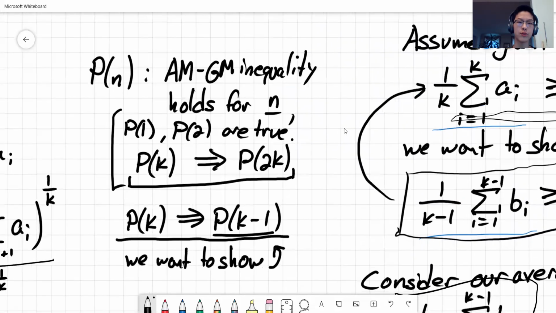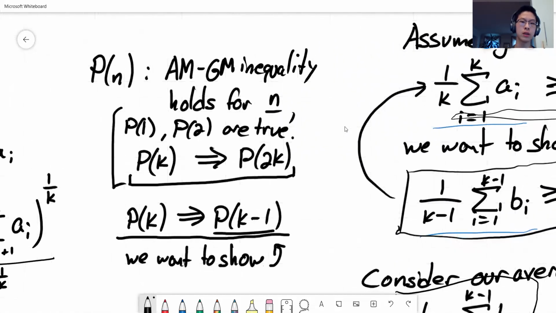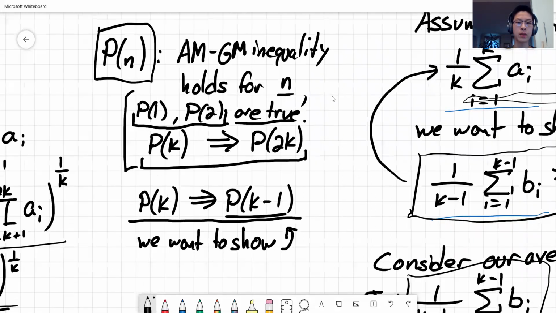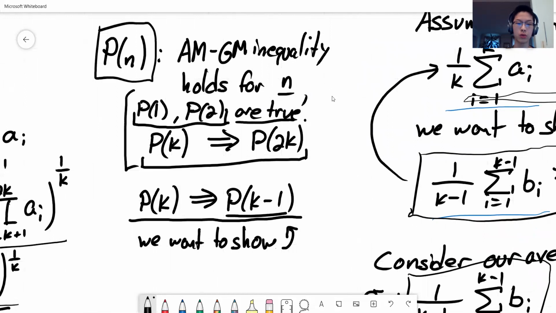So what we've shown: if we let P(n) be our AM-GM inequality, we showed that the cases n equals 1 and n equals 2 are both true. 1 was very easy, 2 is a little bit more involved. And then we showed that if we have the k case, we can prove the 2k case. But that's not enough to just show this holds for all n.